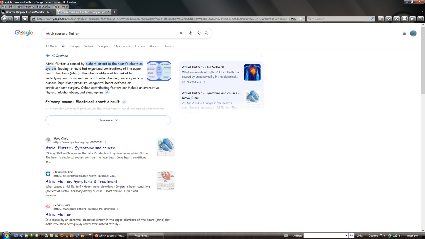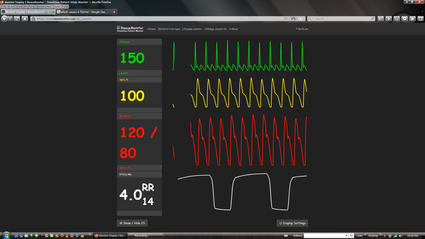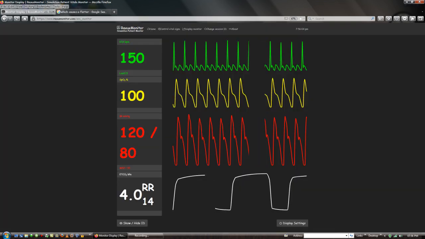Heart valve disease, coronary artery disease, and high blood pressure can also cause it.